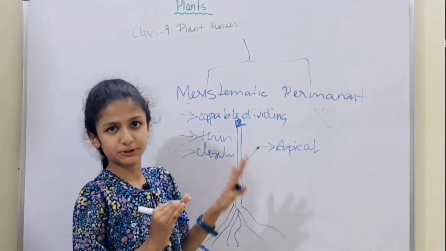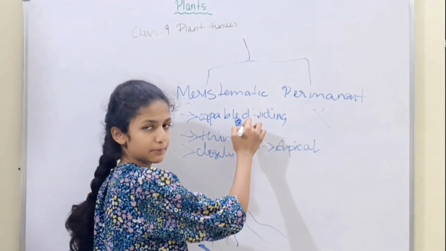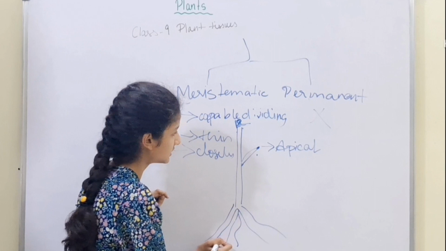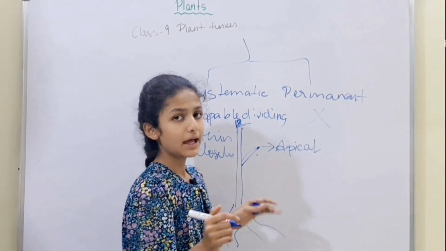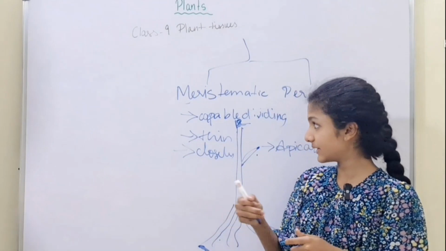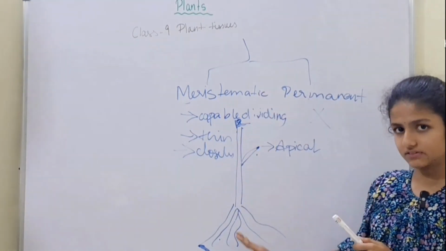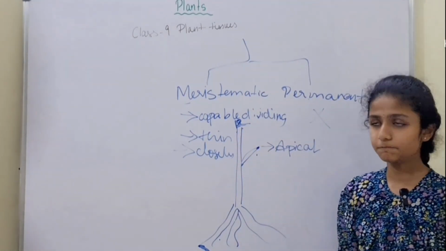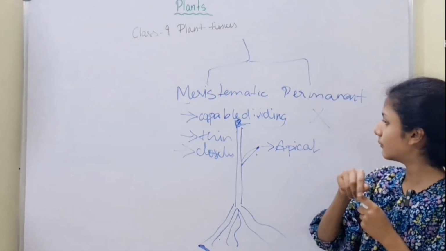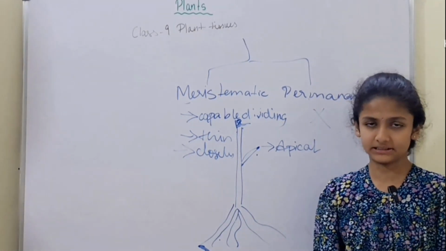Now we are going to see its positions. Tip of the stem, branches, roots: it is apical meristem. If apical meristem divides, it increases the length of the plant. It is the primary growth. Next we have lateral meristem.